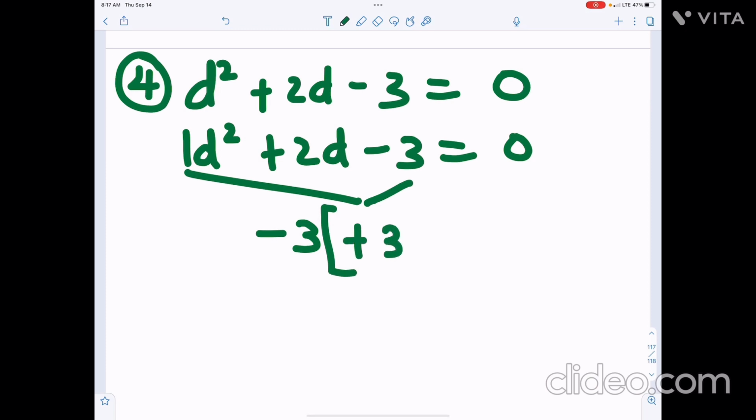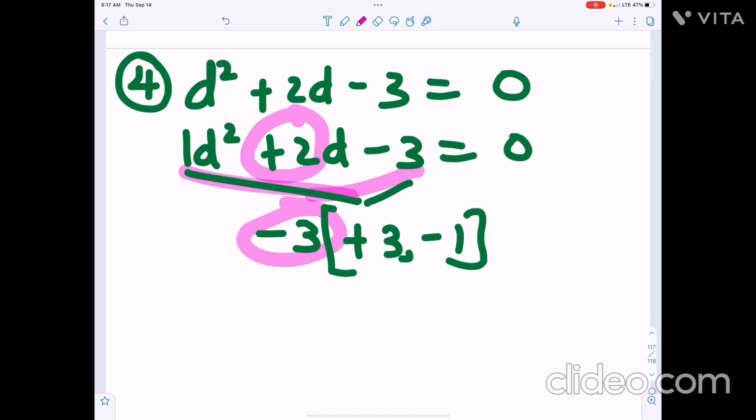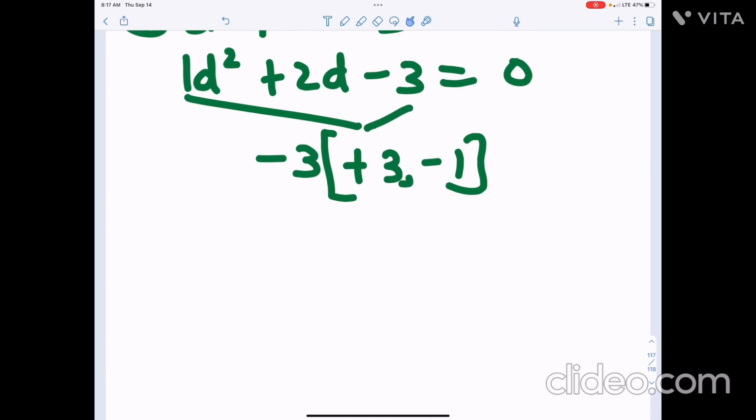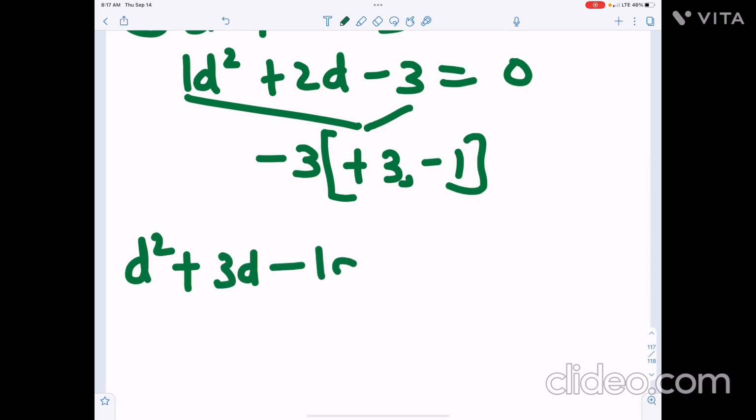The factors of minus 3 that we add to give plus 2 and multiply to give minus 3 are plus 3 and minus 1. So moving forward, I'll write my plus 2d in the middle here as d squared plus 3d minus 1d minus 3 is 0.